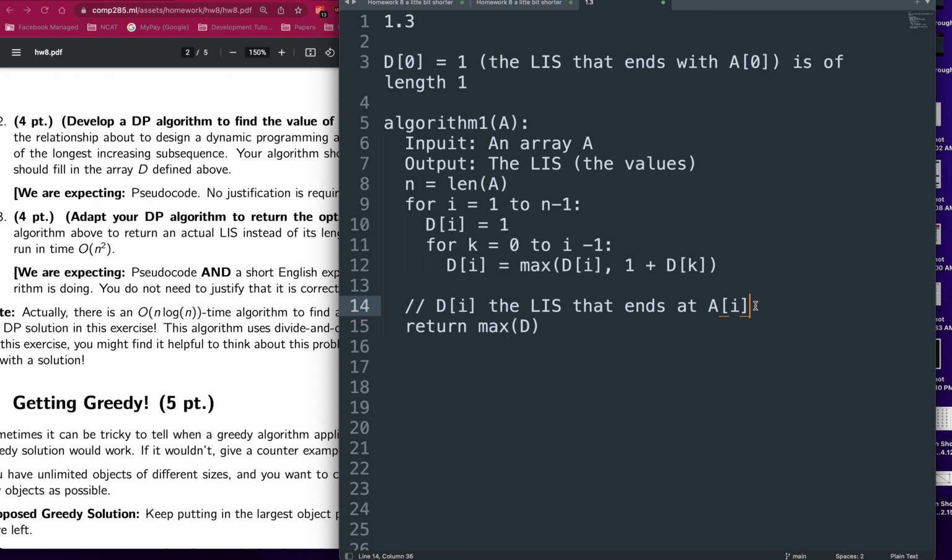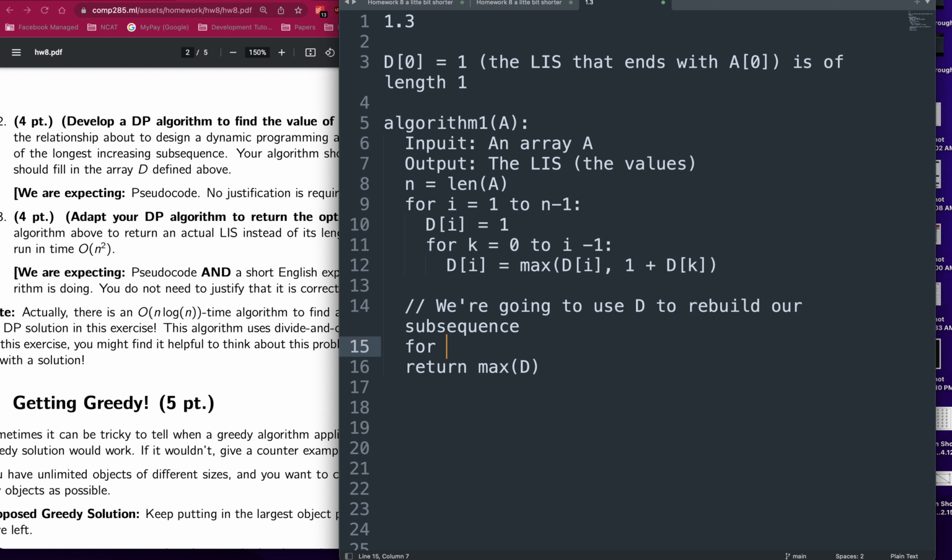Like, where did I come from? And actually, you can figure that all out from your DI, because once you have the maximum value, that tells you where the subsequence ends, you just need to look backwards to find where the next biggest value of DI is. So in a sense, we're going to use D to rebuild our subsequence.